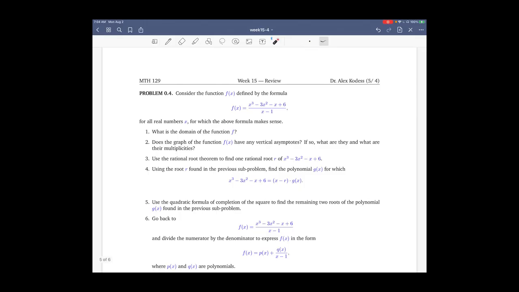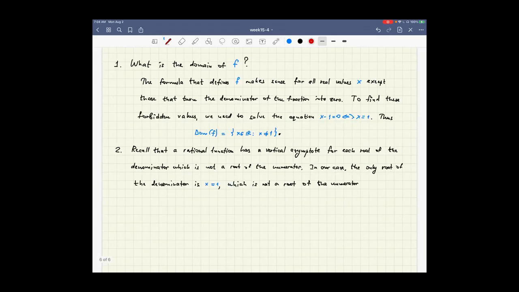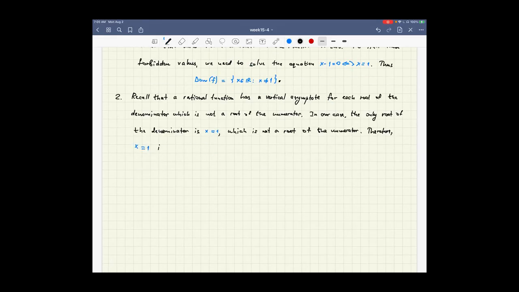Right, if you plug 1 here, you get 1 minus 3 minus 1 plus 6, and that's not 0. So x equals 1 is the only vertical asymptote of f.